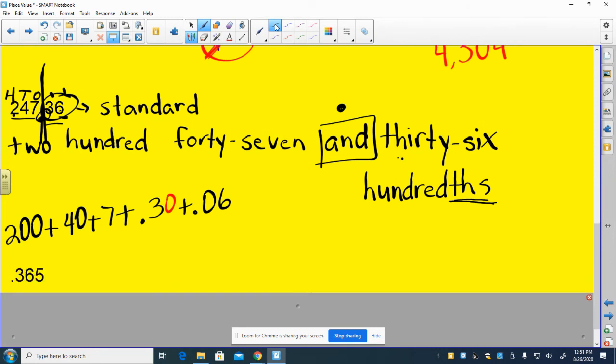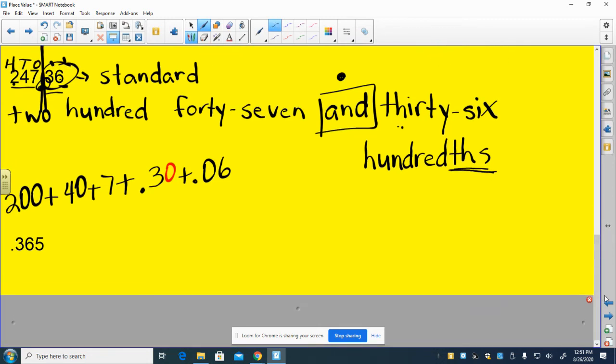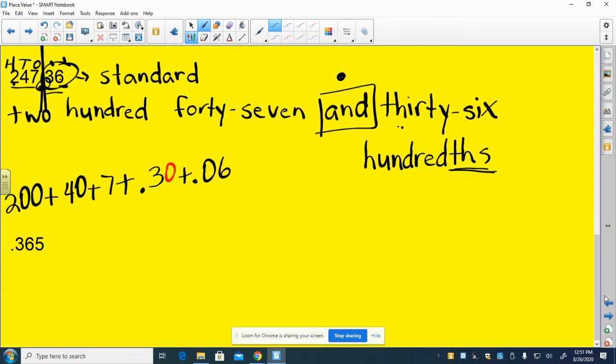I've got one more I would like to show you. And that is what looks like decimal 365. There's the standard form. If I want to put it in word form, I need to know the names of my streets. I'm in decimal land, and I have 365, but I have tenths, hundredths, and thousandths.